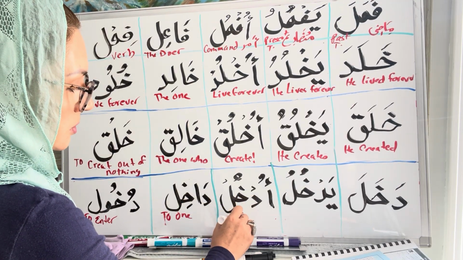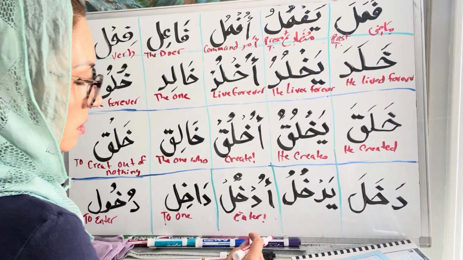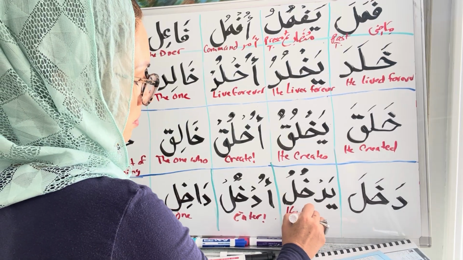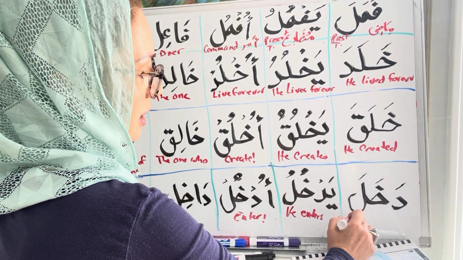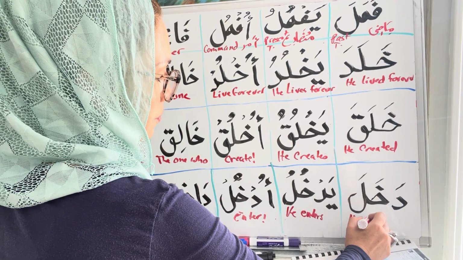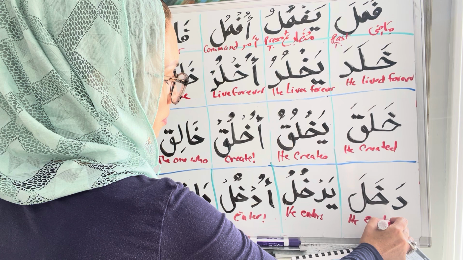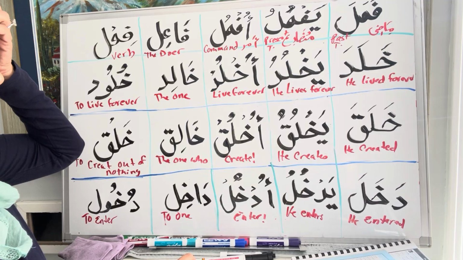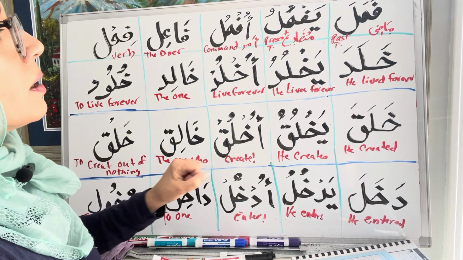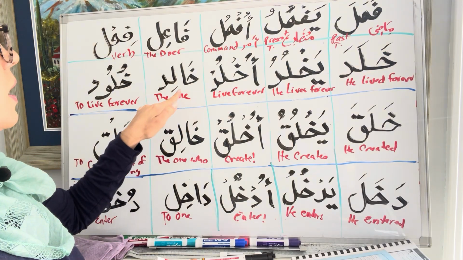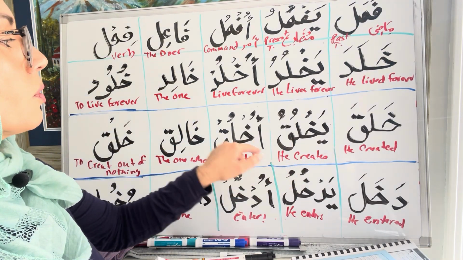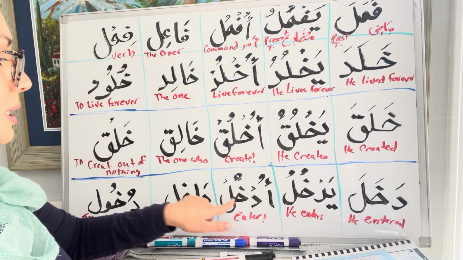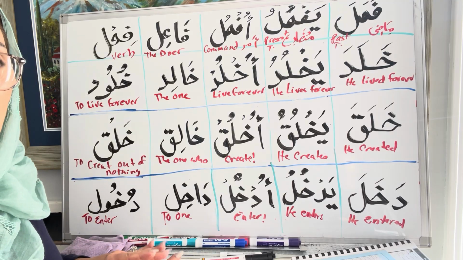Udkhul, this is command, enter. Yadkhulu, he enters. And then dakhala, he entered. That's past tense. All right, so we have khalada, yakhludu, ukhlud, khalid, and khulud. And then khalaqa, yakhluqu, ukhluq, khaliq, khalq. And dakhala, yadkhulu, udkhul, dakhil, and dukhul. All right, we'll be back with the clean board.